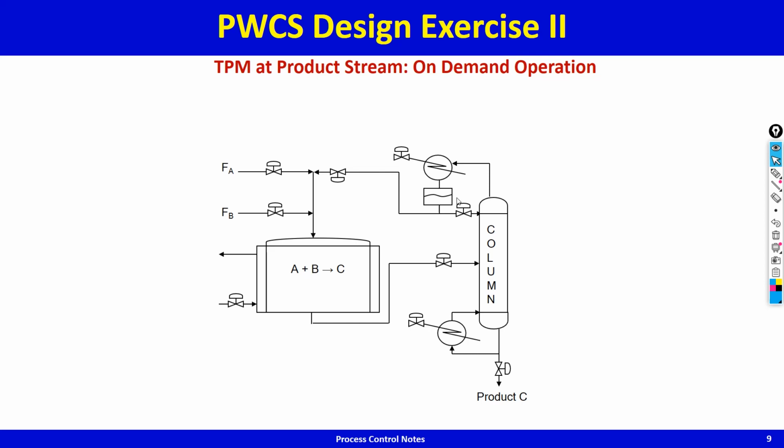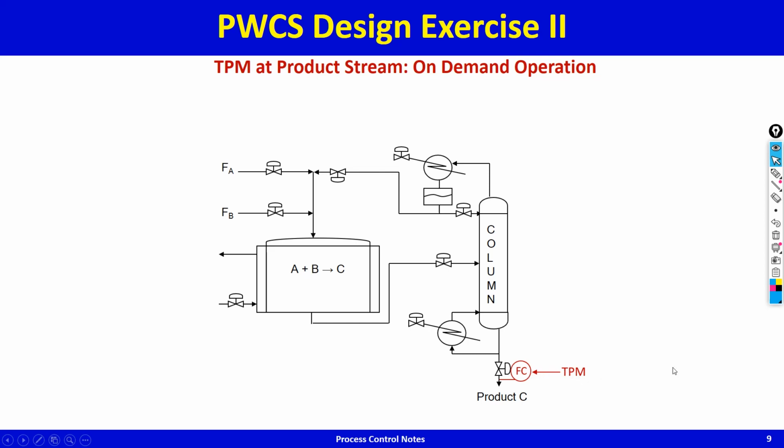If you put on your iron, you want current to be supplied immediately to the iron. It cannot be that the current will get supplied 5 minutes, 15 minutes, 20 minutes down the line. It has to be immediate. So whatever is demanded, that demand has to be immediately met. So then you have to have the throughput manipulator on the product stream, and this set point is being set by the user.